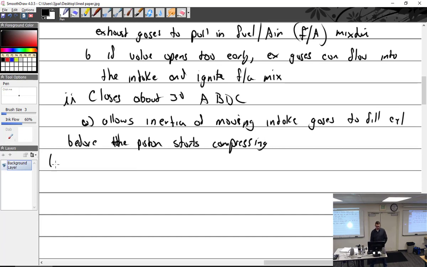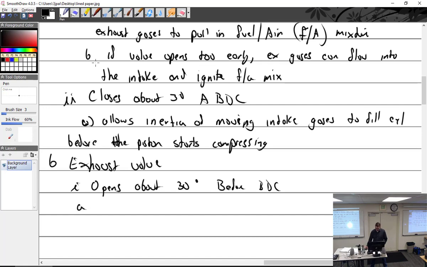All right, the exhaust valve. That opened, in our example, about 30 degrees before bottom dead center.